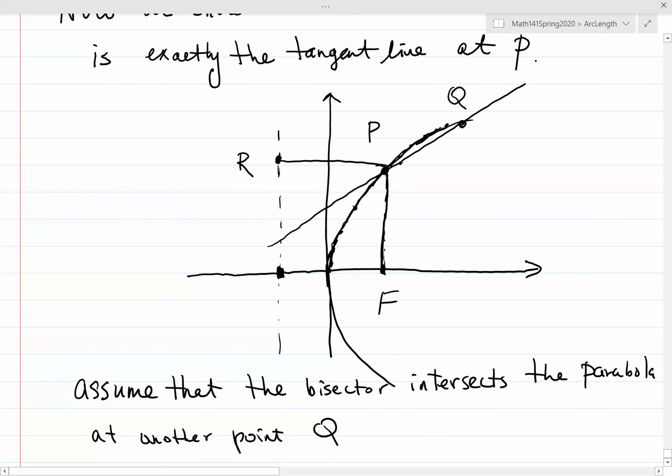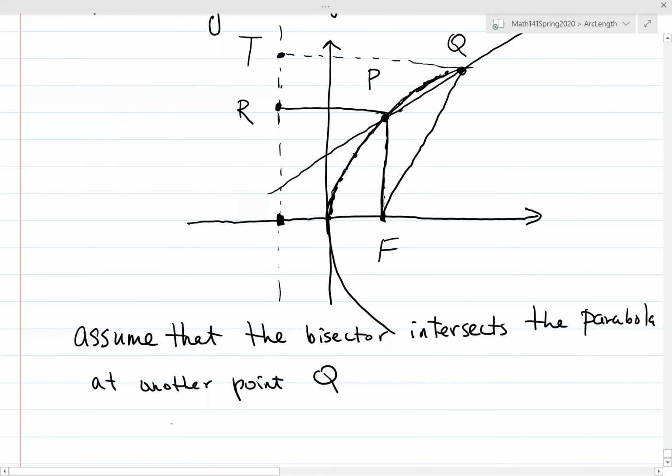Now what do we have? If we connect QF, then according to the definition of the parabola, we have QT equal to QF. Let's connect QR.